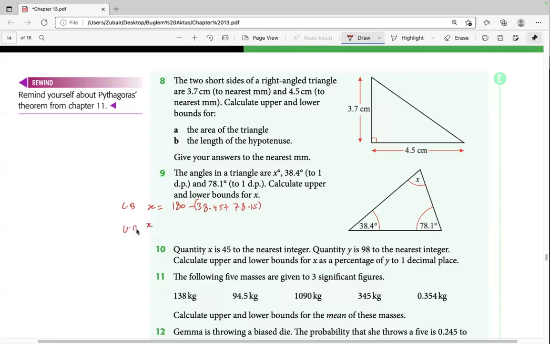And for the upper bound, we take the lower ends, so 38.35 and 78.05. 180 minus 38.45 minus 78.15 gives 63.4.